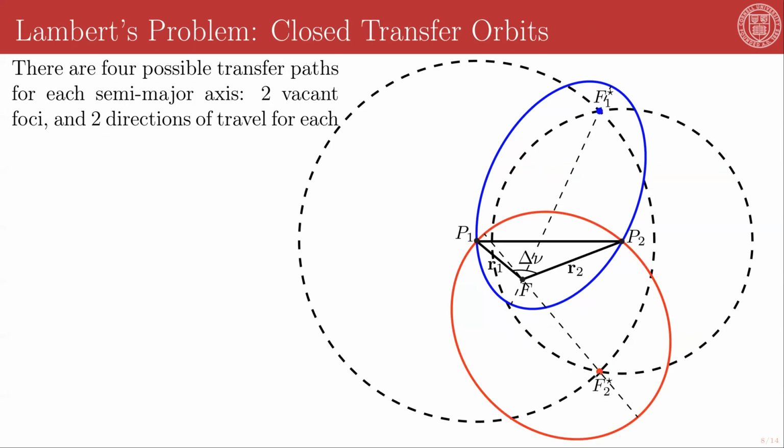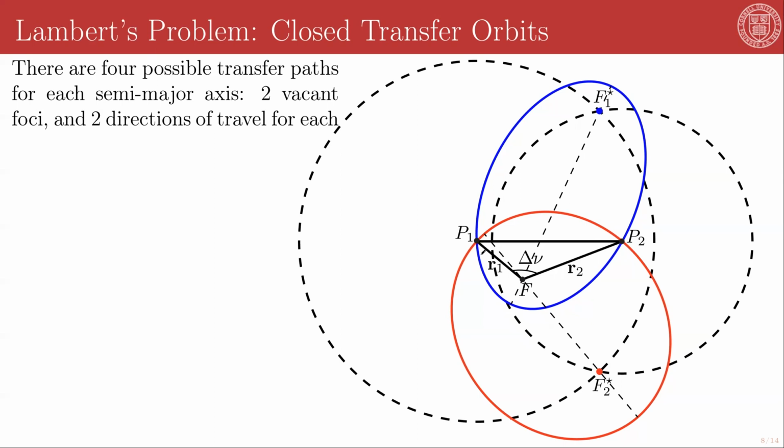If we had selected this other vacant focus, which we will call F2 star here, then we would have gotten this red transfer ellipse, which would have the same semi-major axis as this blue transfer ellipse, whose vacant focus is F1 star, but with a different eccentricity. We have now provided ourselves with 4 possible paths between P1 and P2.